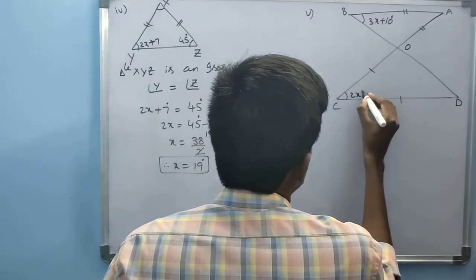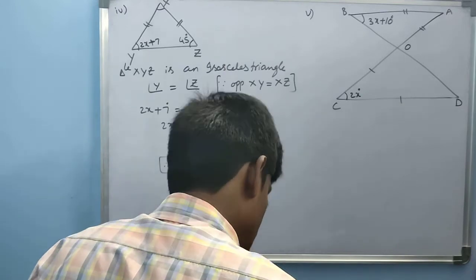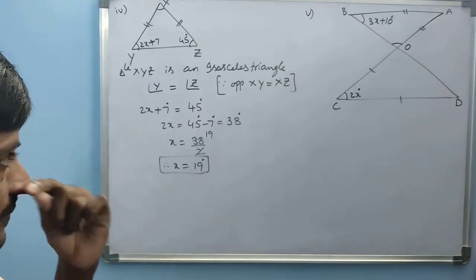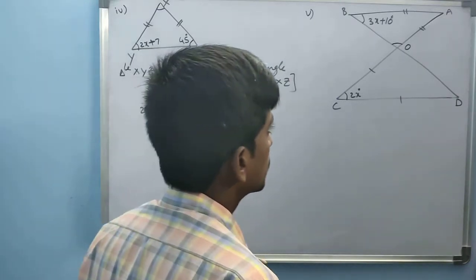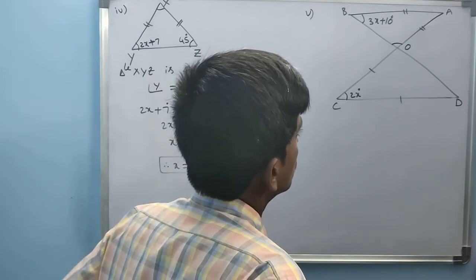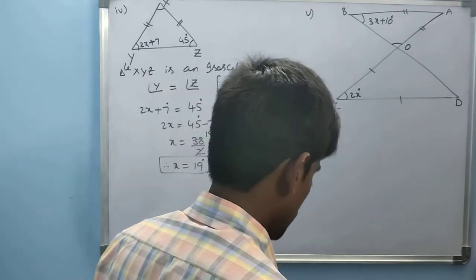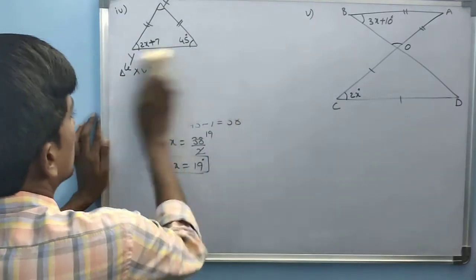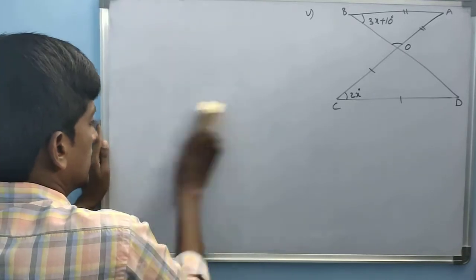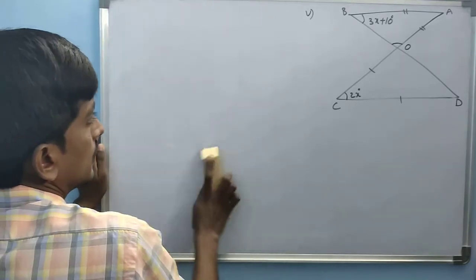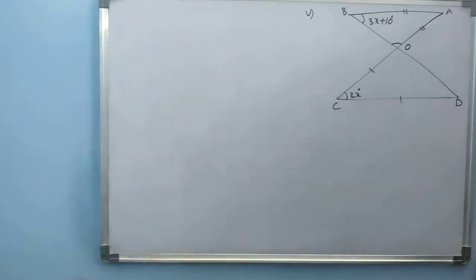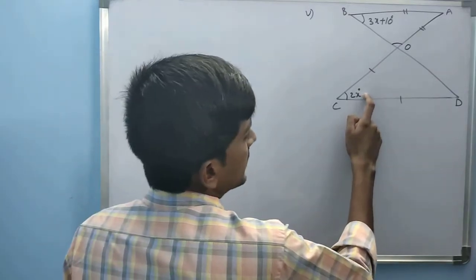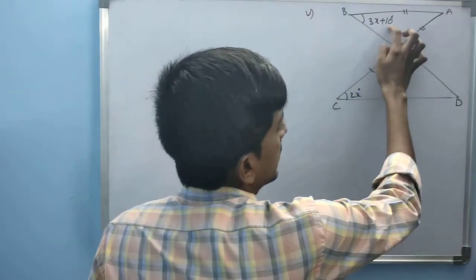This is 2x degrees, given. Okay, look at the board here. 2x degrees is given and 3x plus 10 degrees is given.